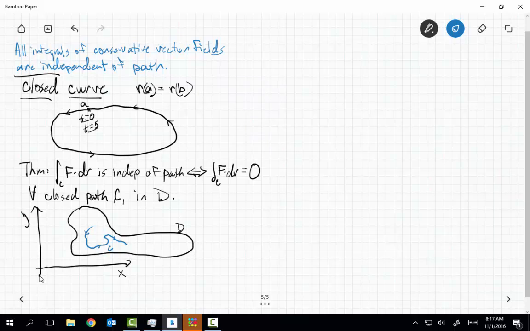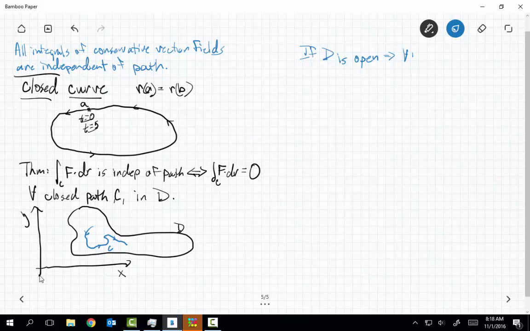Okay, I need to define a couple of things first because they're going to be really important. If D is open, now this is going to get really confusing. Oh, this is going to be tricky. I'm going to steal this right out of the text so that there's no confusion.